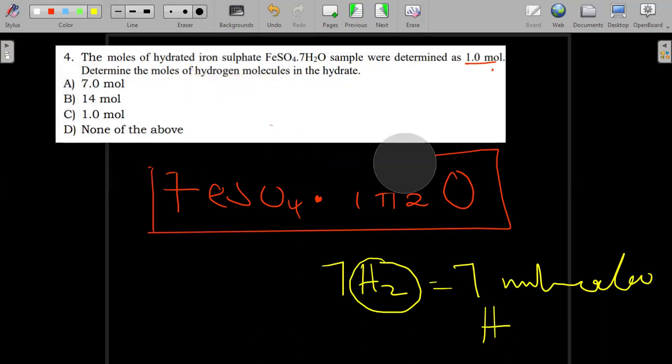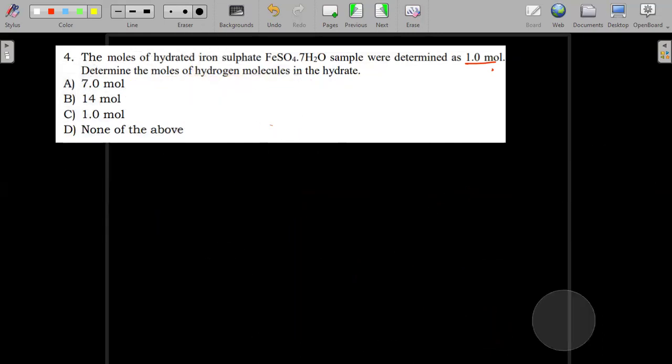Now what if they ask you this question? They say here, determine the moles of hydrogen, and then they put atoms instead of molecules.